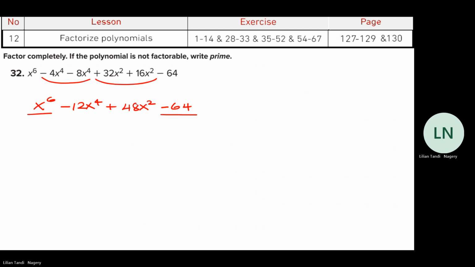So find the cube root of x to the sixth power. Find the cube root of 64. This will give you x squared, and this will give you 4. Okay? So difference of cubes.